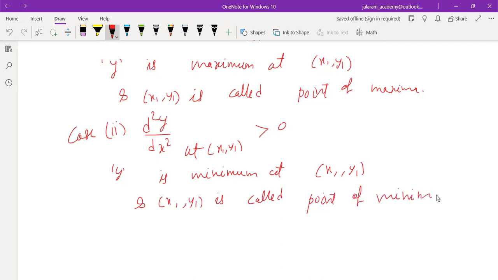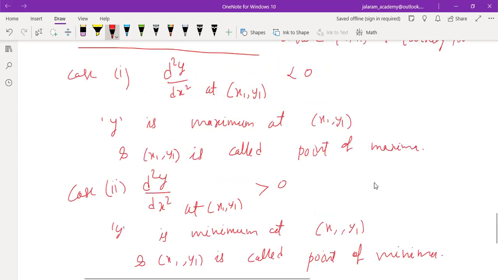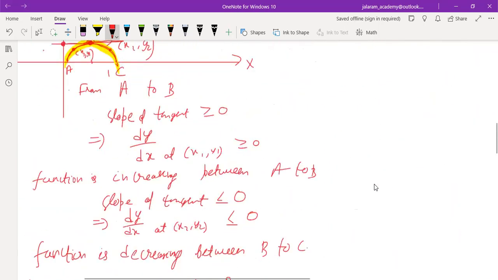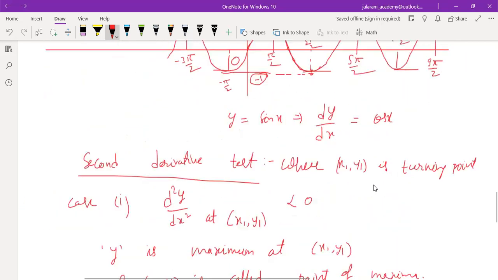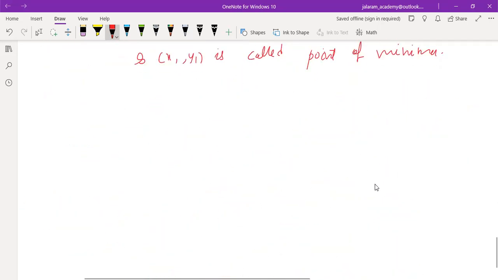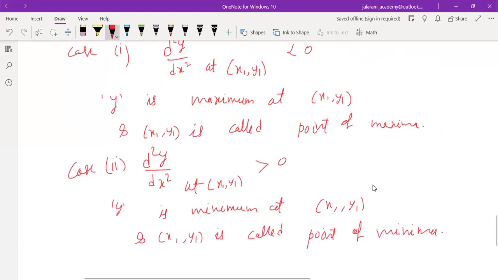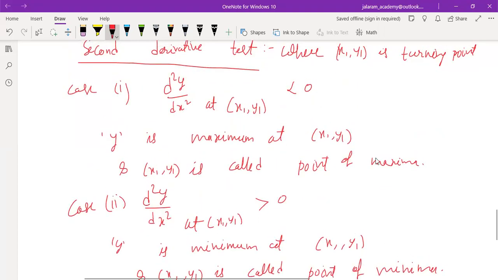Understood, everyone? How to find the point of maxima and minima? Yes. So this is a very simple method to find the point of maxima and the point of minima, the second derivative test. So you all have written the theory.